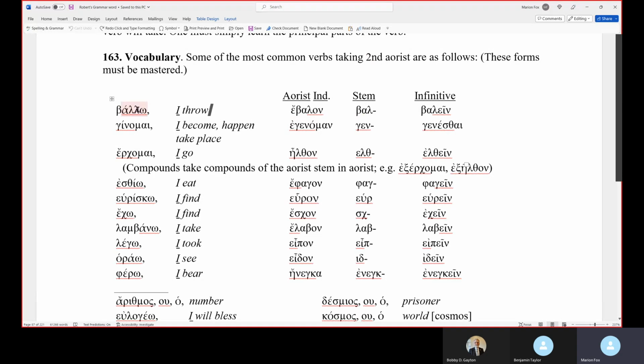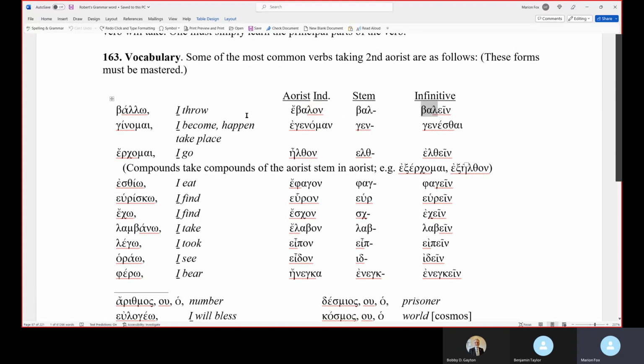Now notice it doesn't have a double lambda, it just has a single lambda. So the stem is ball, beta, alpha, lambda. That's your stem. And the infinitive takes that stem and puts an epsilon iota nu on it. So that's your second aorist stem.